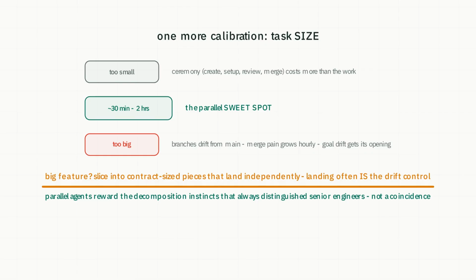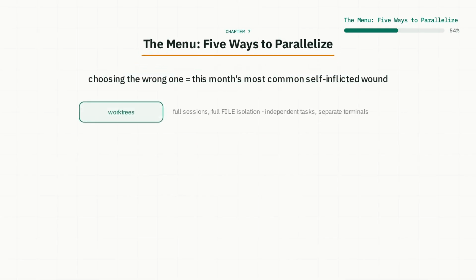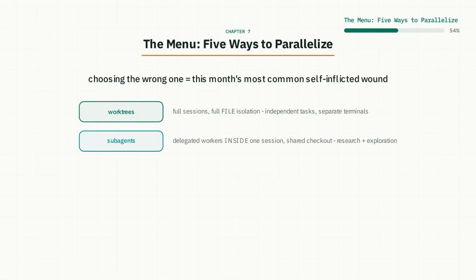That's not a coincidence. Chapter 7, the menu, because worktrees are one of 5 parallelization tools the official docs now describe, and choosing the wrong one is this month's most common self-inflicted wound. Worktrees: full sessions, full file isolation, for independent tasks you supervise in separate terminals. Subagents: delegated workers inside one session, sharing your checkout for research and exploration that doesn't collide on files.